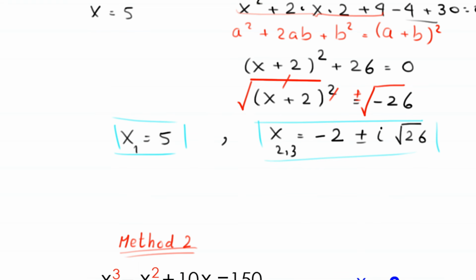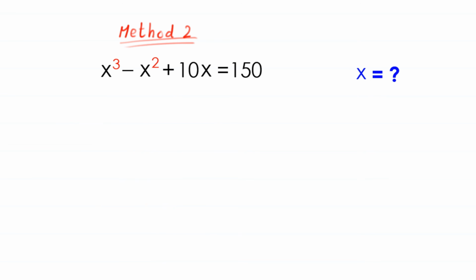Now let's solve this equation by method 2. In this method we move this 150 to the left hand side. This will become x cubed minus x squared plus 10 times x minus 150 equal to 0.